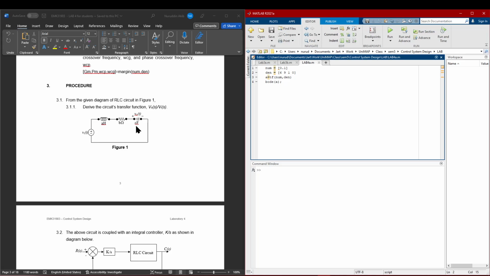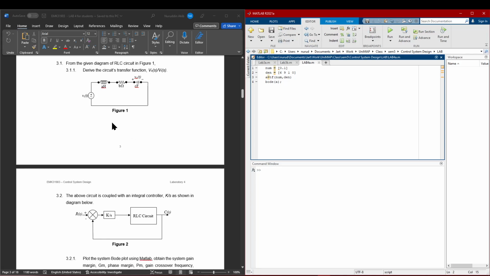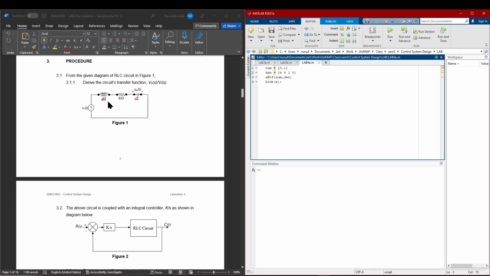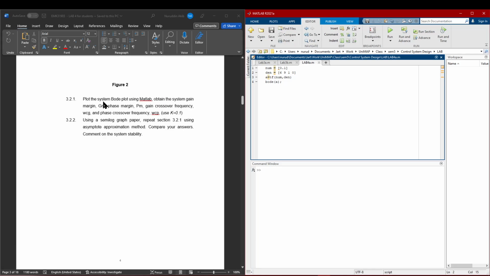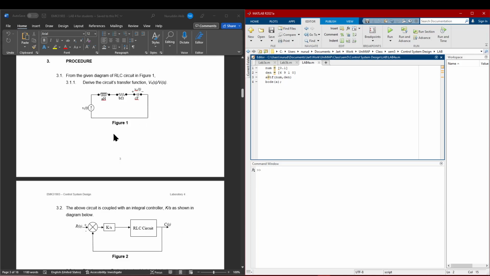So this unknown value needs to be filled in with the provided allocation value by Dr. Nazrin. So my allocation for this value will be below.